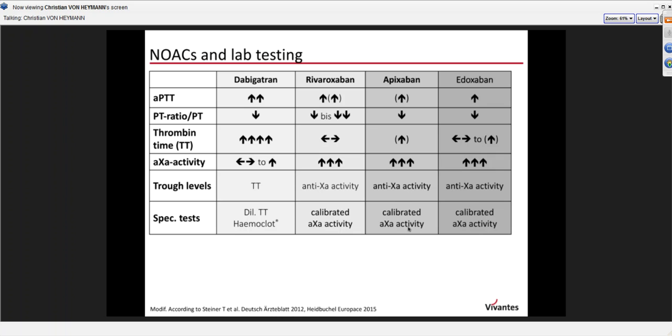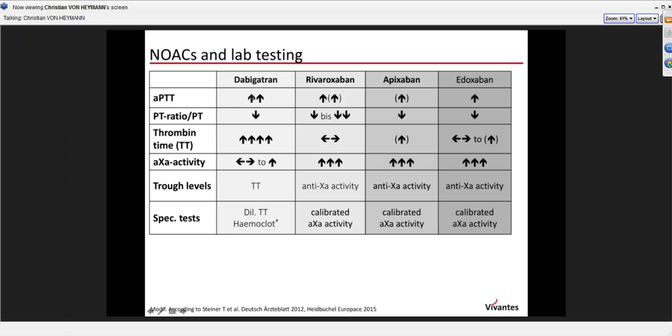Does lab testing help? And this table is a bit confusing, but I will guide you through this. But first of all, I want you to understand that the more arrows you see in a field, the more sensitive the assay in the line is to the specific drugs which are in the title line here.